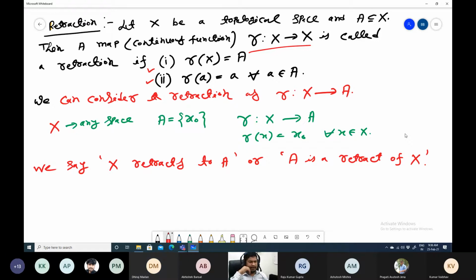Right, that will also be a retraction, because on that range it will be the identity, and the image will be only where it is projecting. Is this concept of retraction motivated from projection somehow, or did it develop independently? I think it is independent, because I did not find any relation with the projection thing.